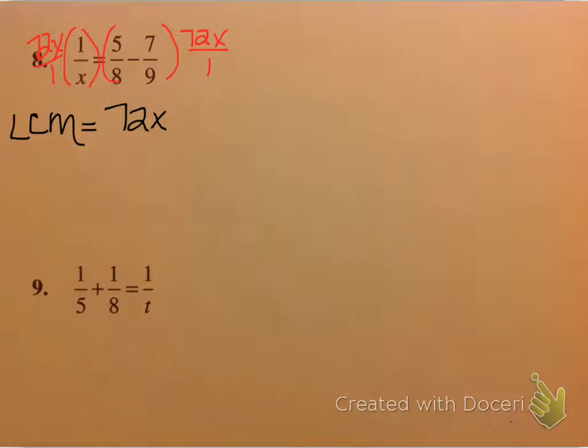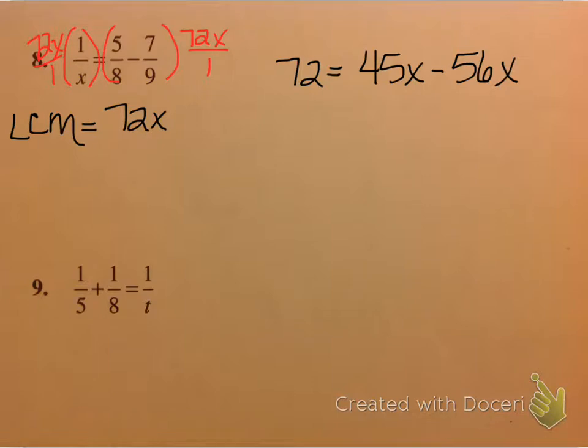When I simplify, I'm going to have 72x over x, which is going to simply be 72. I'm going to have 72x times 5, which is 360, divided by 8 is going to leave me 45x, and 72x times 7 is 504x over 9, simplifies to 56x.